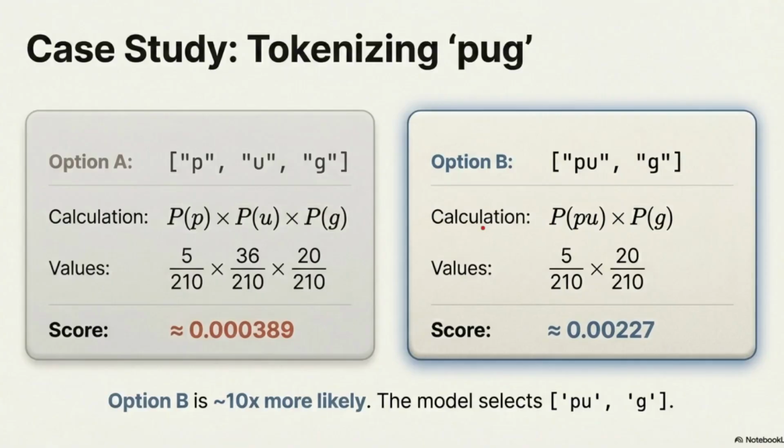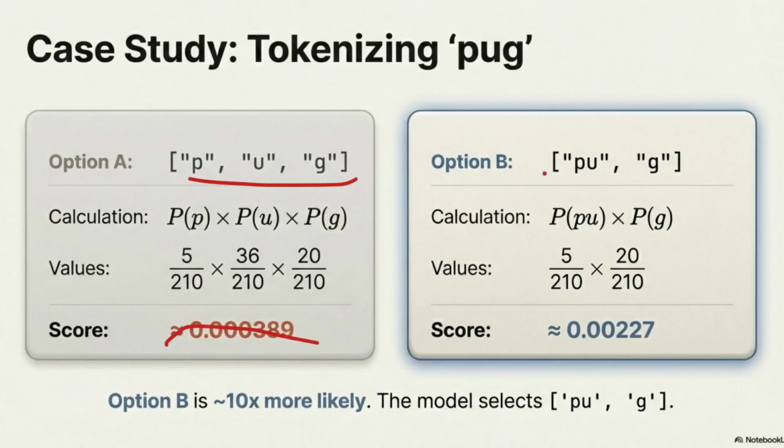Let's look at a concrete example to better understand, using the word "bug". In option A, we split this into 3 characters, B, U, and G. To score this, we multiply the probabilities of B, U, and G. So in our example corpus, this results in a tiny score of roughly this number.